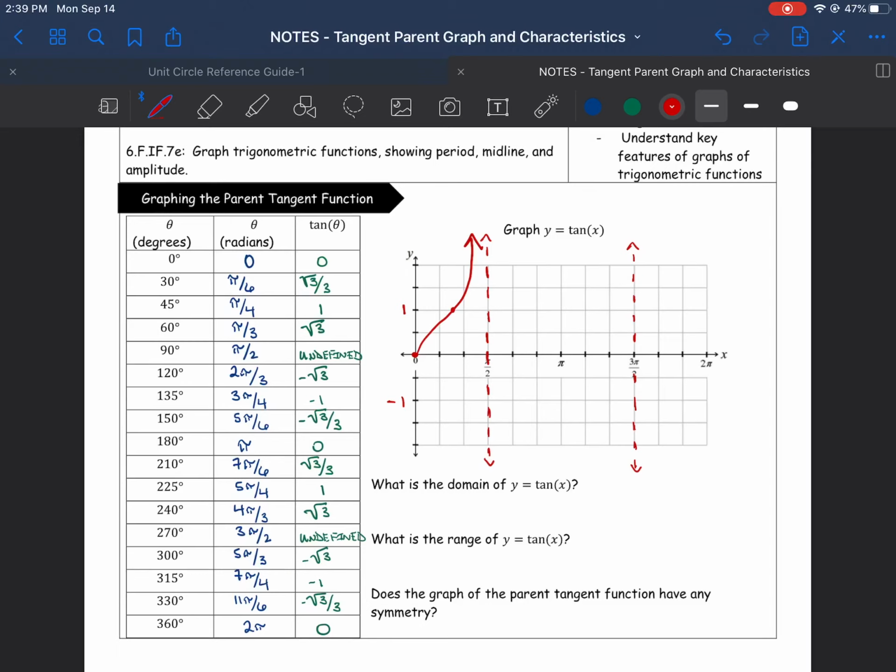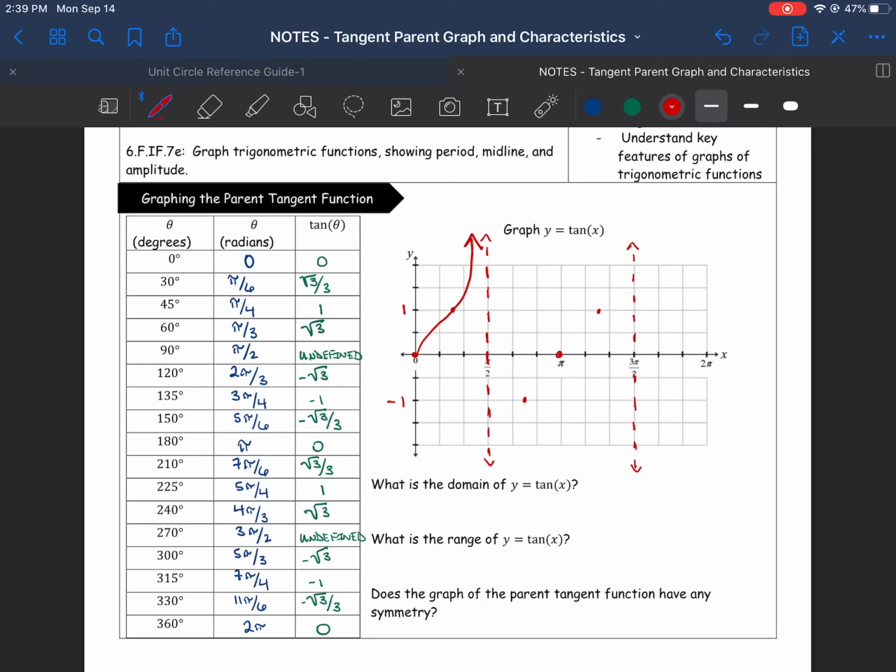Similarly, if we have 5 pi over 4 comma 1, that would be about there, and then 3 pi over 4 comma negative 1 would be about right there. So we would have, oh, that looks terrible.